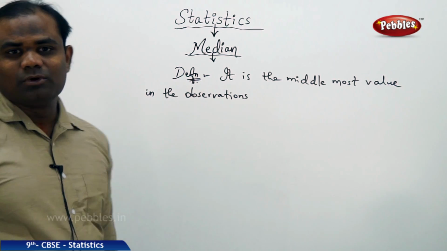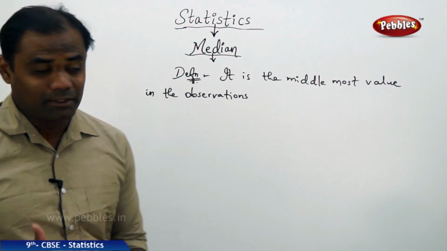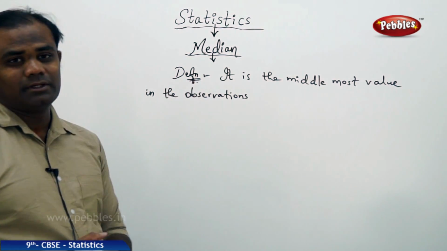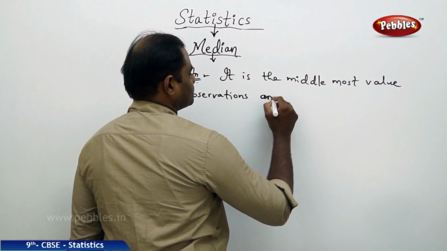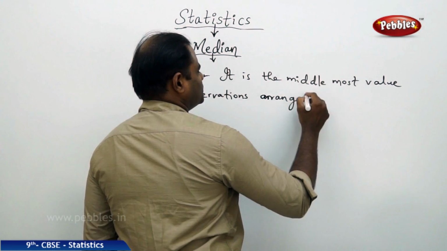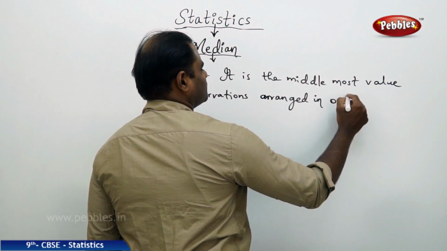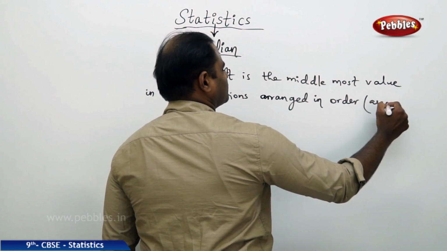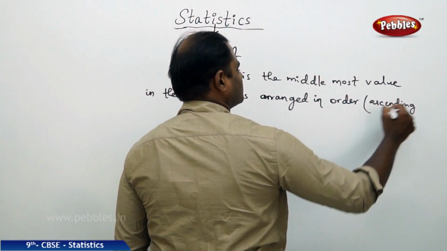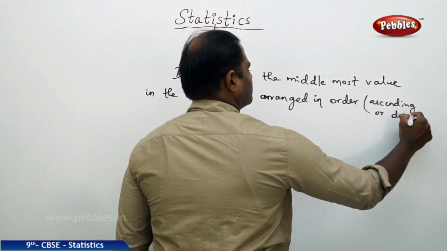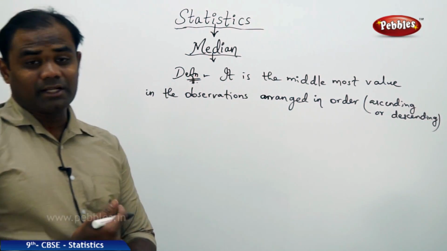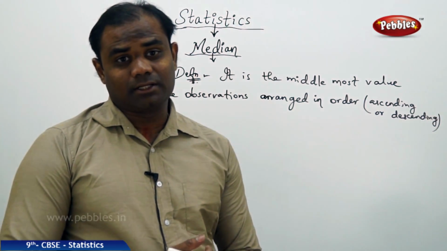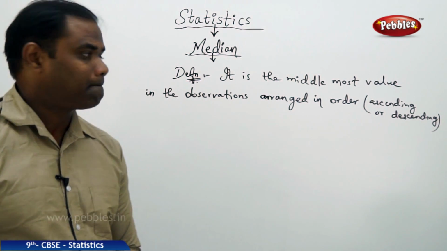So if you pick the middlemost value, then that middle value is called the median. It is the middlemost value in the observations which are arranged in order, ascending or descending. We have a rule here that the data has to be arranged in ascending or descending order.